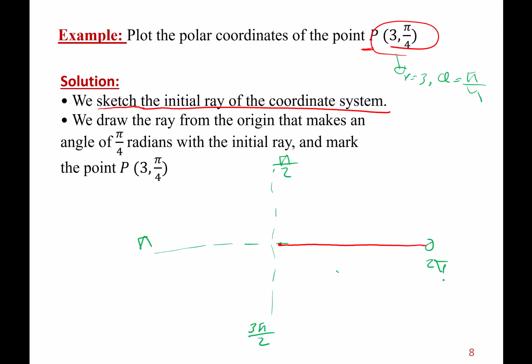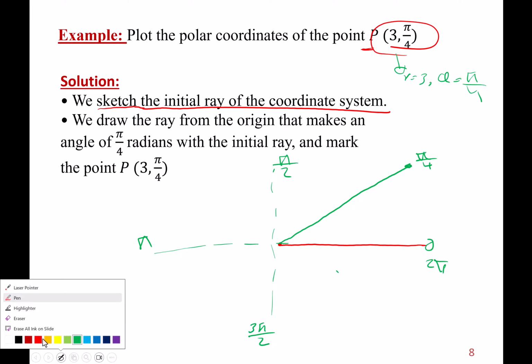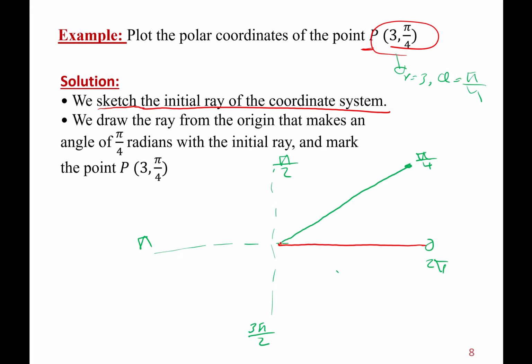Pi over 4 is in between these two lines, between 0 and pi over 2. r equals 3, so we go 3 units: 1, 2, and 3.